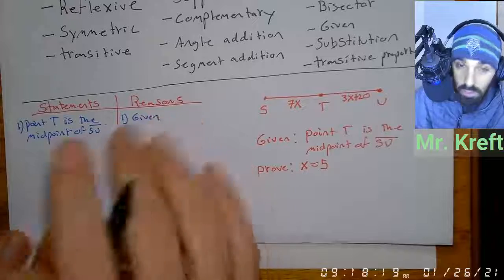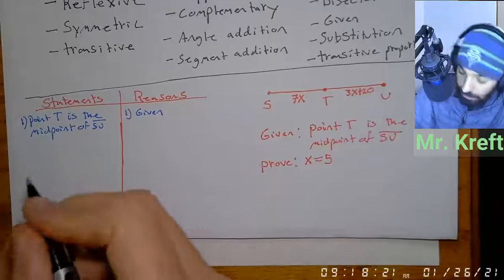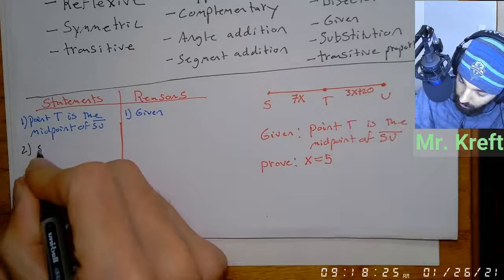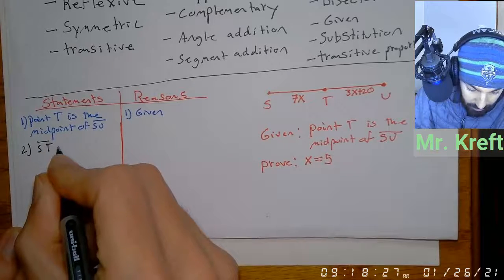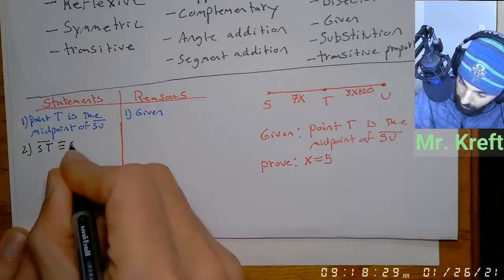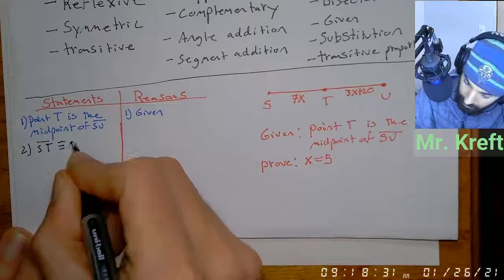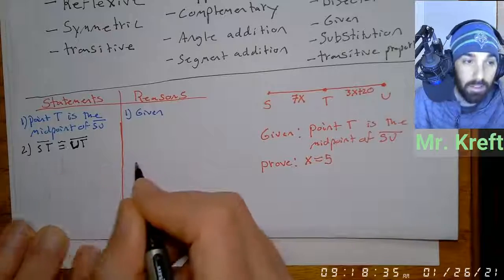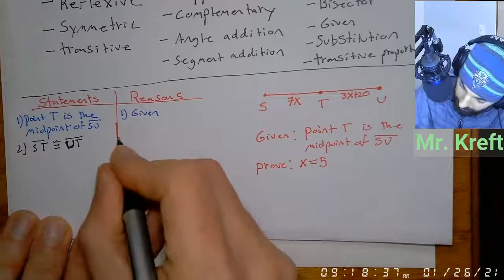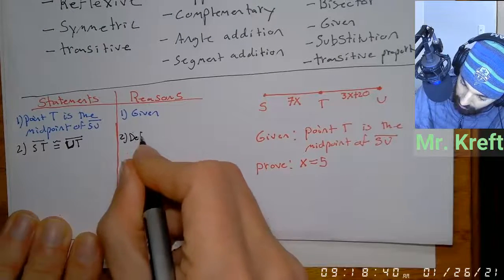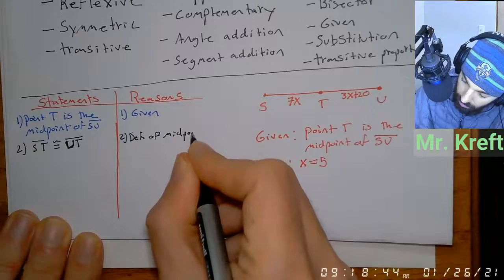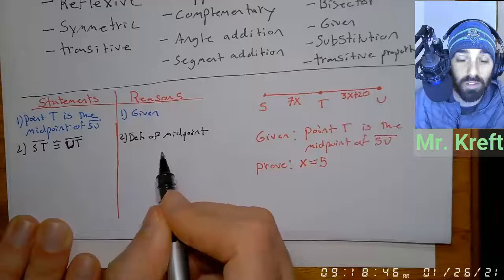Now, I just want to give you guys a little heads up. If you're following along in the book, it will do it purely geometric. It will say the left side, ST, is congruent to the right side, UT. Sorry, that's a U, not a V. And then the book will say definition of midpoint. I'm just going to go right off the bat and say I think this is a waste of time.